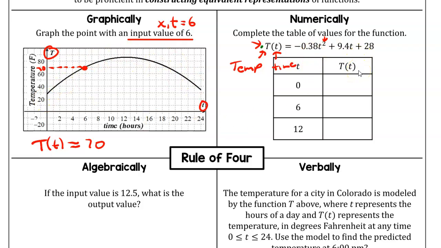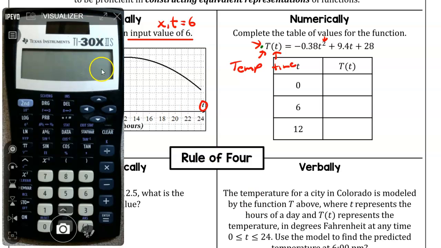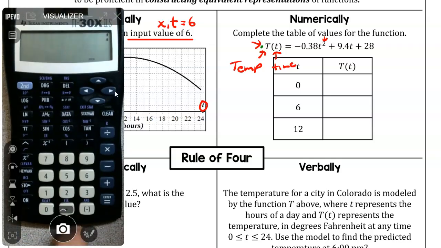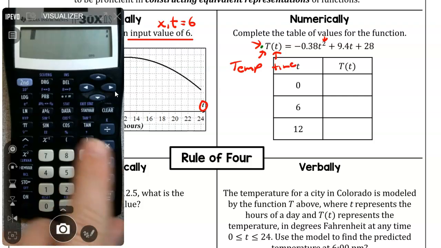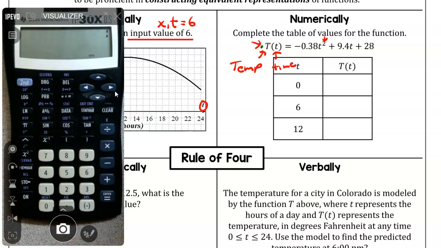So you will need a calculator in this class, right? We have them hanging on the wall, but you'll definitely need a calculator. So I have mine right here, and I'm going to plug this in. There are a couple of ways of doing this, but I'm going to show you one. We need more than just the basics, all these other buttons that you're going to get very used to.